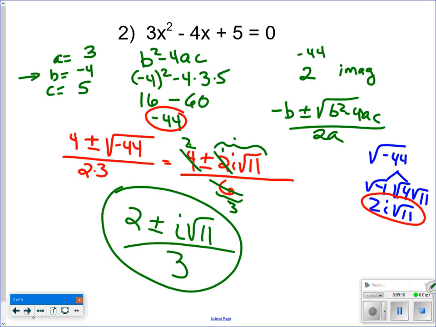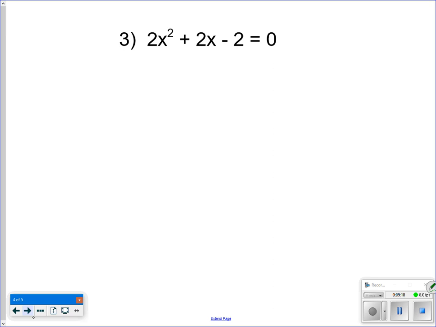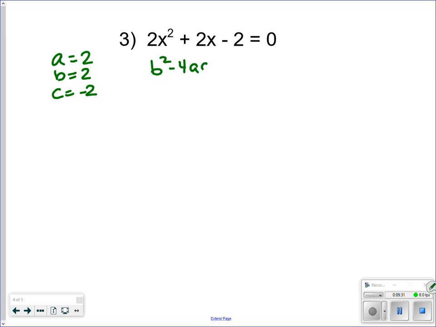Okay, I have one more that we can try. 2x squared plus 2x minus 2. A, 2. B, 2. C, negative 2. B squared minus 4ac. Just the discriminant.